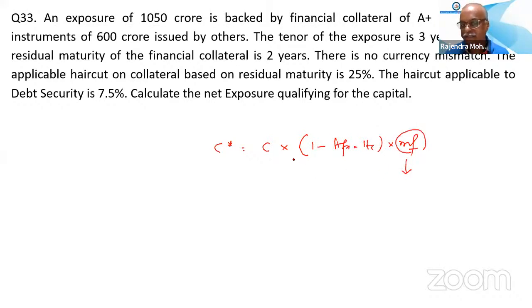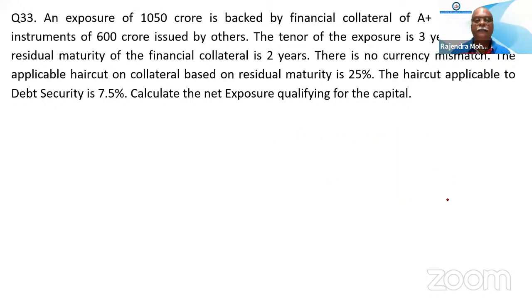This maturity factor is nothing but the T minus 0.25 amount that we arrived at. The next step is P, where I have taken C asterisk multiplied by this. We have not taken the 25% anywhere. That is given, not 0.25. What is this 25 in T minus 0.25? This is a constant always. Here it is given, but if it is not given also, you have to take the 0.25, which is the constant in the formula.